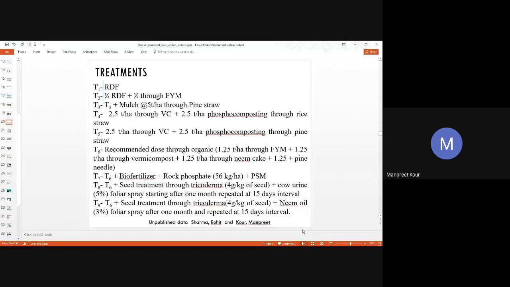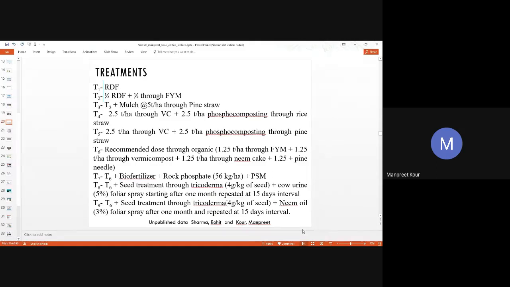We have to make something of the pines, because pine needles are a good source of NPK. Moreover, pine needles have to be composted. So the new technique we have made there is phosphocomposting. We try to compost the pine needles as well as rice straw.